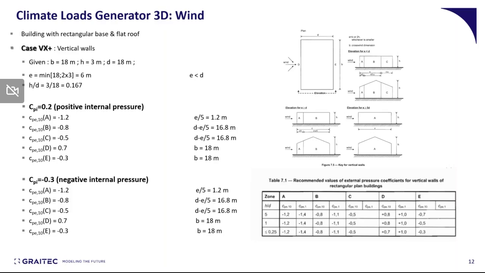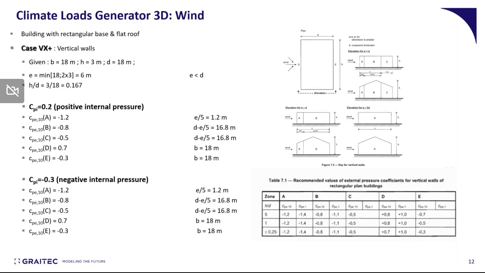However, because this coefficient is affected by the openings and the percentage of openings, and how big or how small the openings are in the walls, the Eurocode suggests to use either a positive CPI of 0.2 or a negative CPI of minus 0.3.